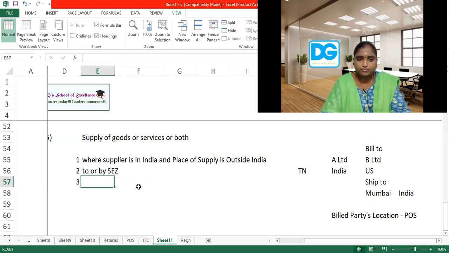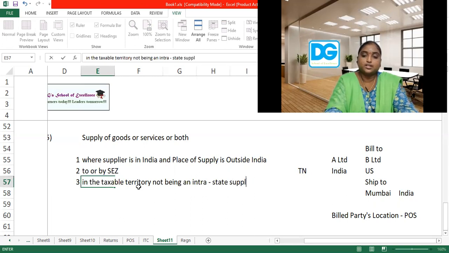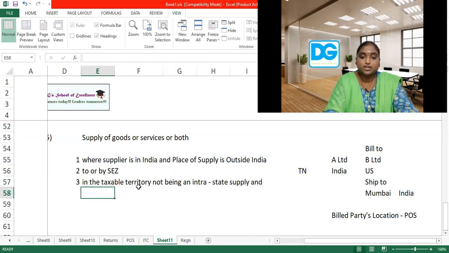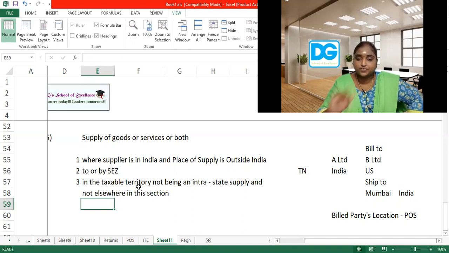Third one, supply of goods or services or both in the taxable territory, not being an intrastate supply, and not covered elsewhere in this section 7.